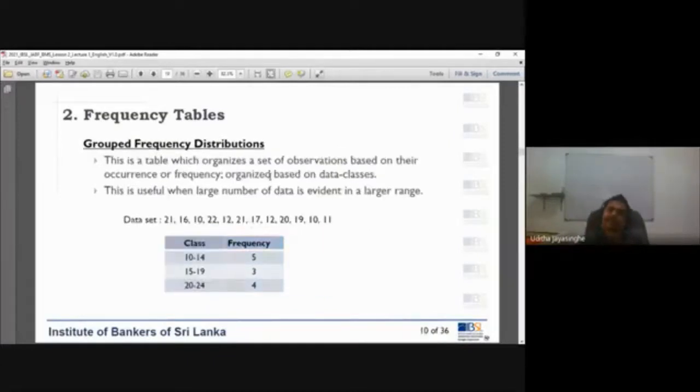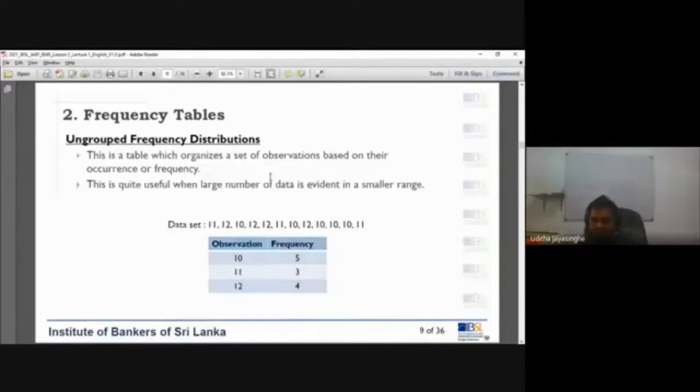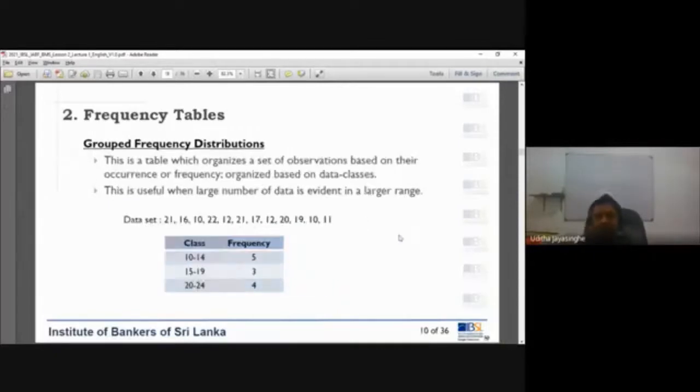This is the answer when you have a large range of data available in your observation or in your data set. Okay. So the difference between this table and the table we are discussing right now is that instead of individual numbers, instead of number 10, 11, and 12, we are going to introduce classes. Classes. Okay.